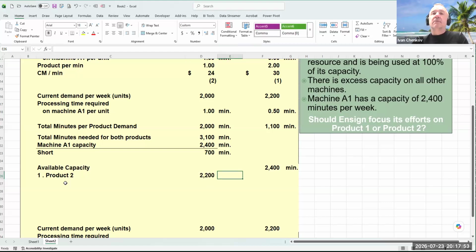If I produce 2,200 units, since product two takes only 0.5 minute, I need 1,100 minutes to produce the entire demand for product two.